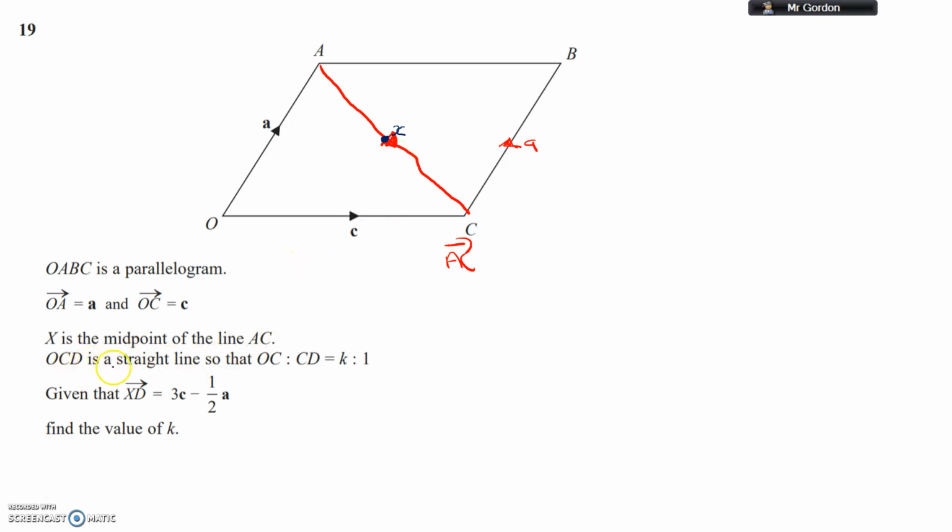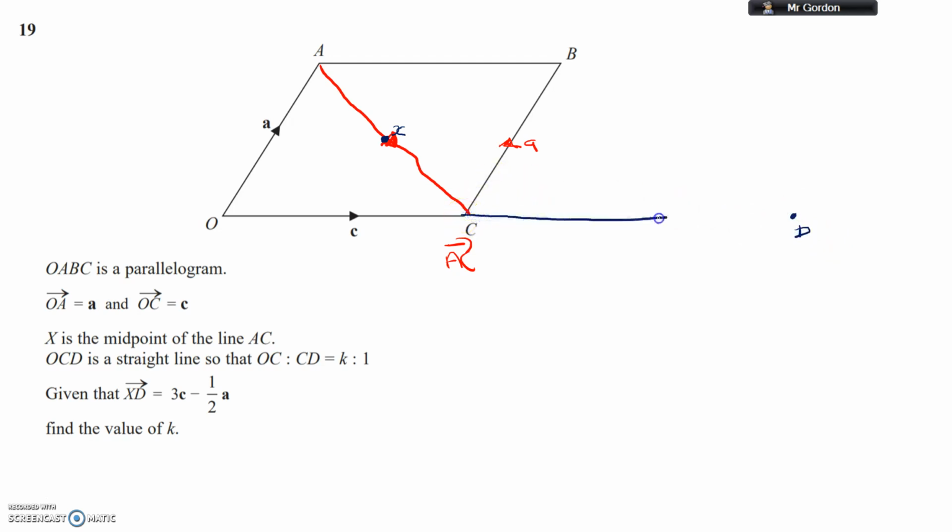It says OCD is a straight line, so that OC to CD is in the ratio of K to 1. That's a lot of information. What's it talking about? OCD is a straight line. Well, there's O to C, and point D is somewhere to make this a straight line. So we're carrying on the line till we get to D. D's somewhere out there, because it has to be on a straight line with OC.